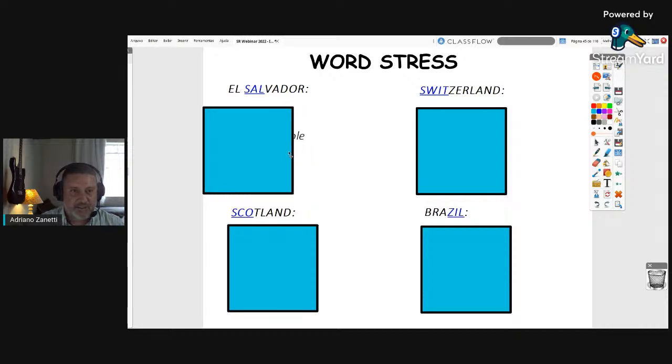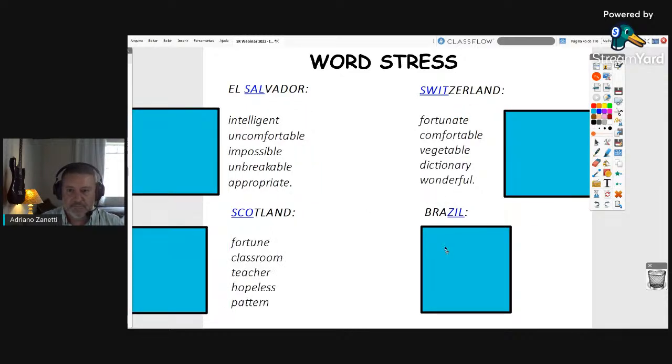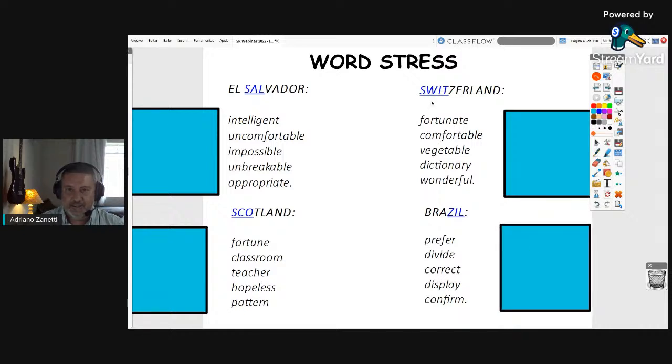I'll just give you one example here, in which I have the pattern: El Salvador, intelligent, uncomfortable; Switzerland, fortunate, comfortable; Scotland, fortune; Brazil, prefer, divide. And this is something you can always adapt to your environment, to your reality, and to the word list that you have in your units.